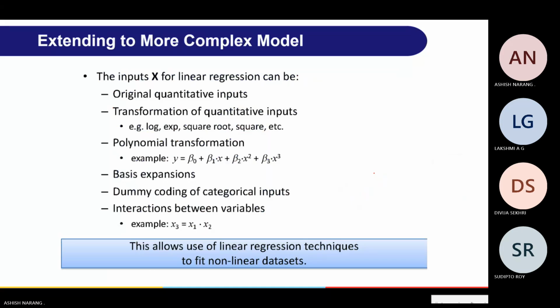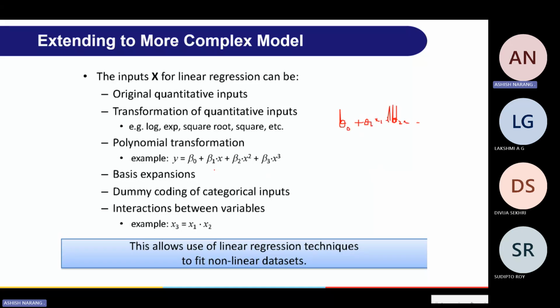Next is polynomial ones, right? Extending to a more complex model. We have seen linear models, where I was saying the equations are of theta 0 plus theta 1 x1 plus theta 2 x2 and so on. But there could be a possibility of a polynomial transformation.